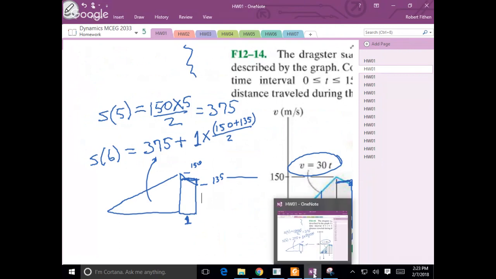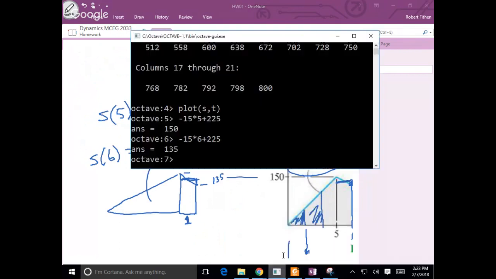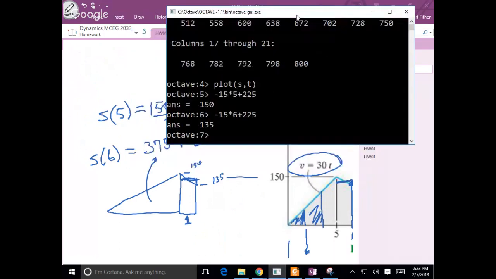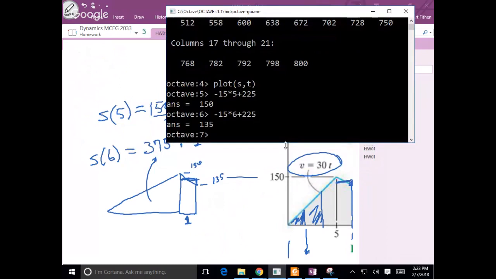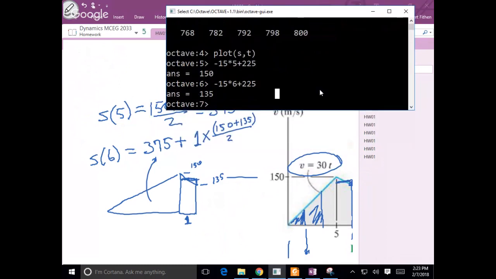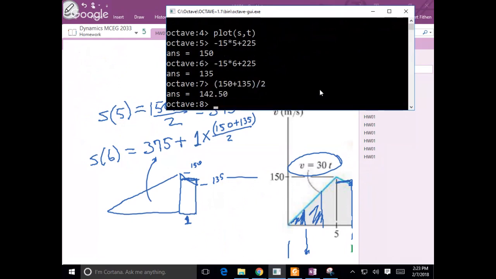So if you do that, you should get a number: 150, 135, and I don't have brackets, but I should, divided by 2, 142.5.